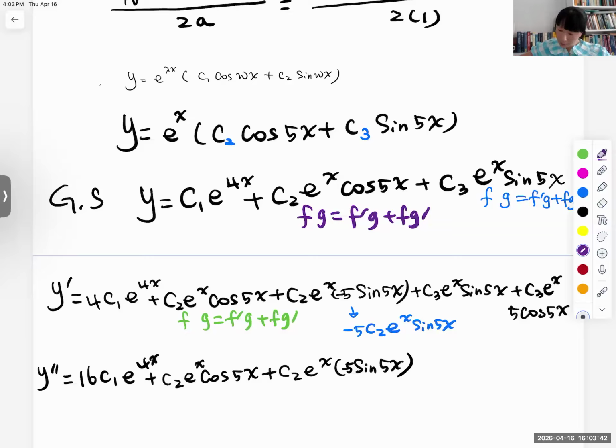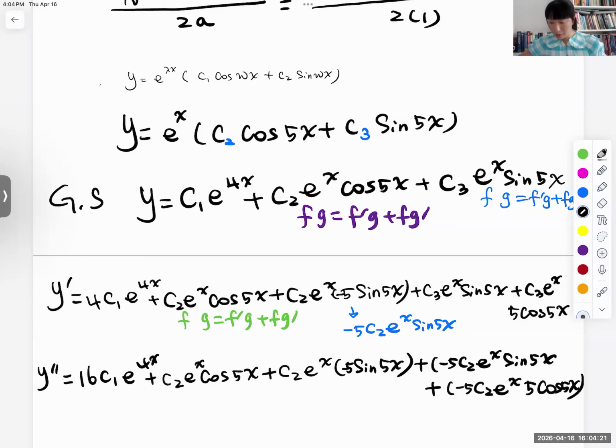Okay, so there will be plus negative 5 c sub 2 e to the x and sine 5x, and plus f, then g prime. So 5 cosine 5x. That's the g prime, right?